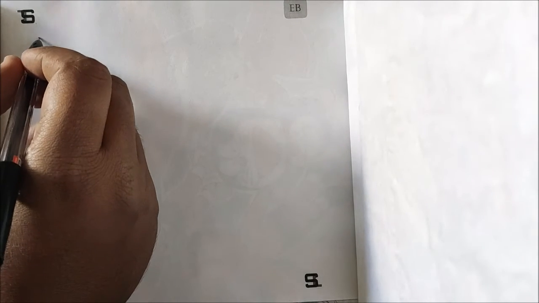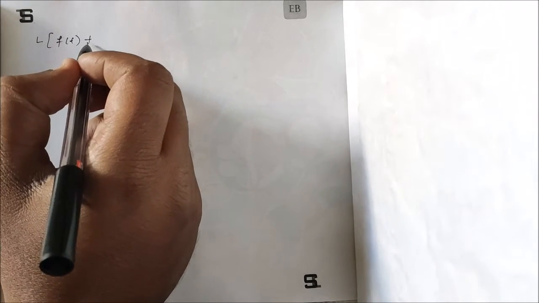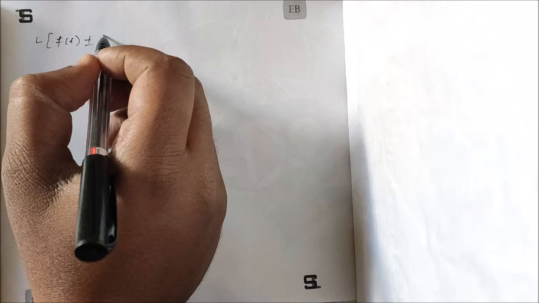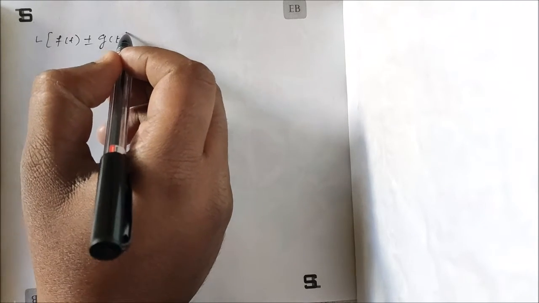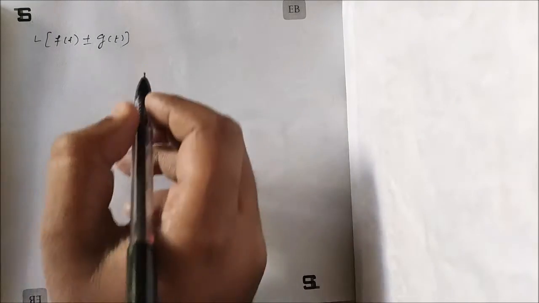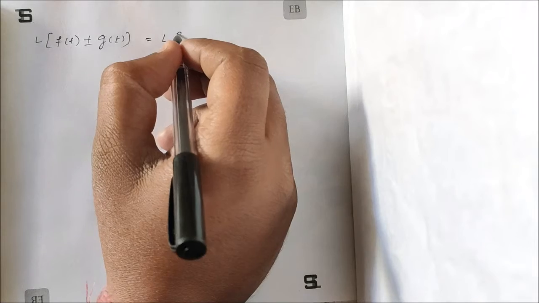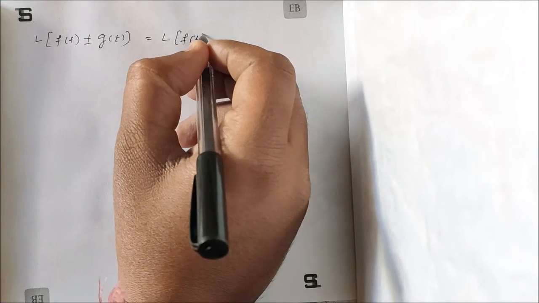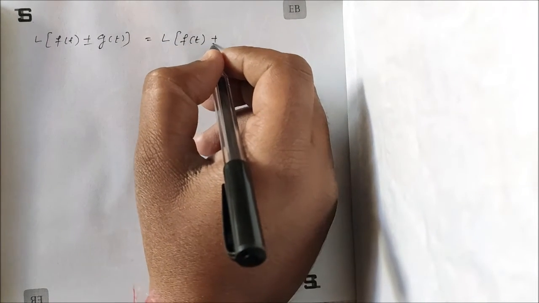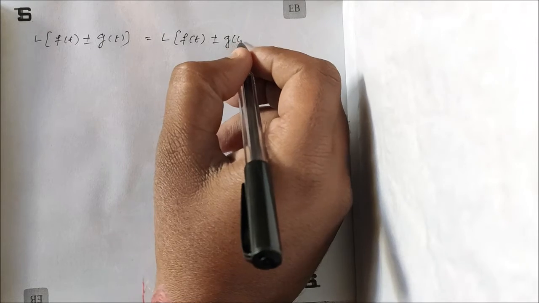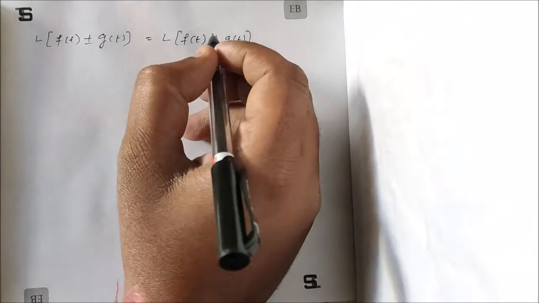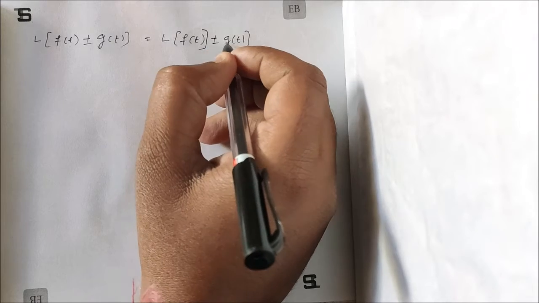Now let's prove another property, that is Laplace of f of t plus or minus g of t is equal to Laplace of f of t plus or minus Laplace of g of t.